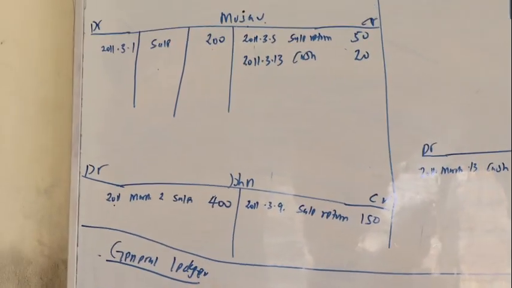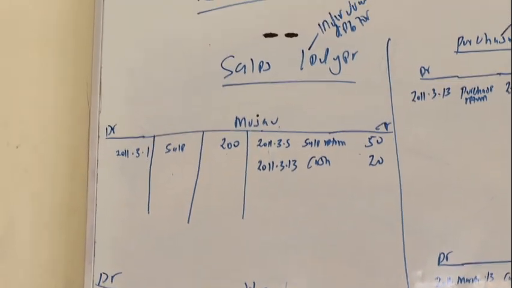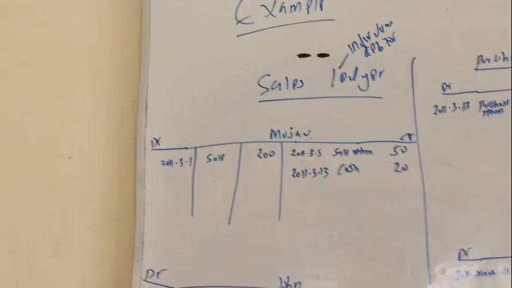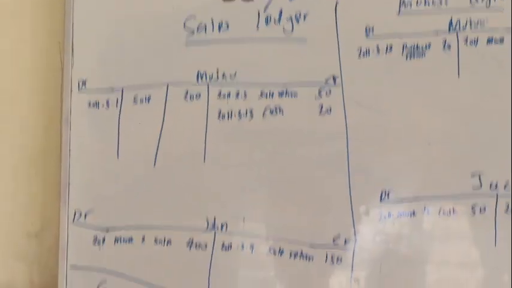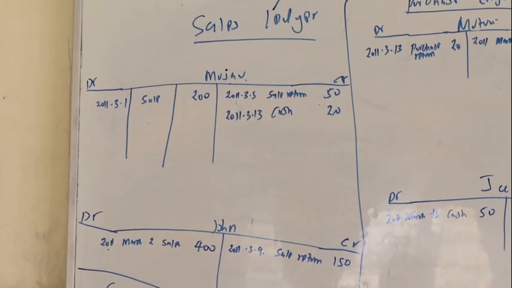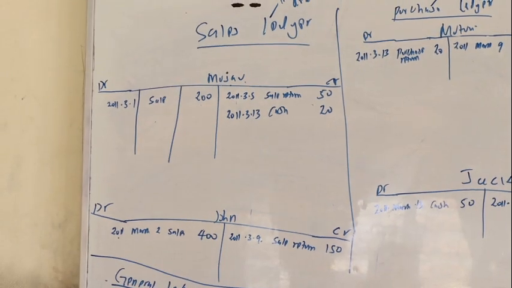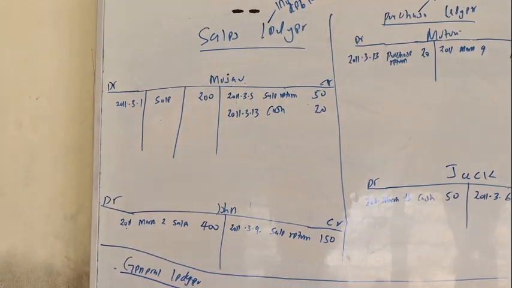So I'm talking about the sales ledger. Nimesema ina record individual debtors.